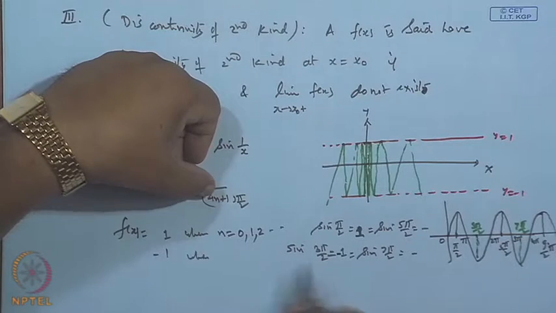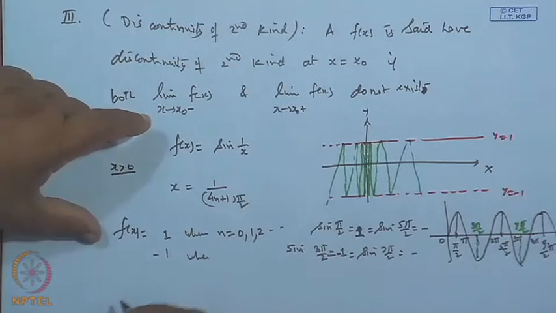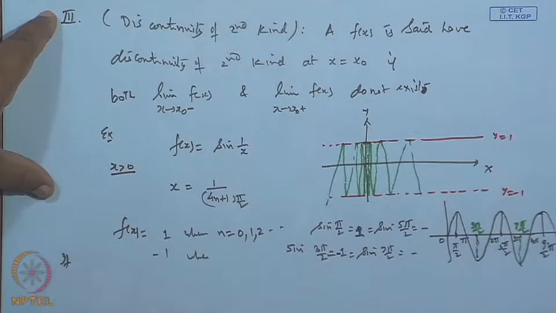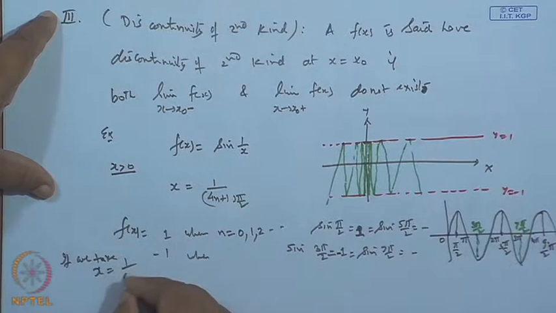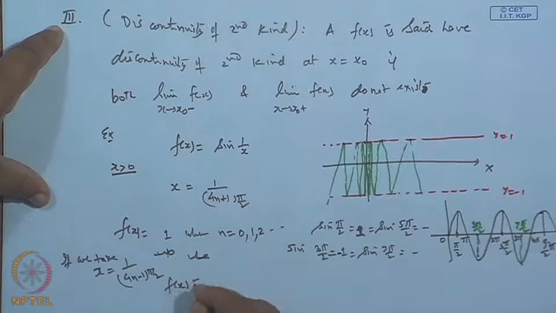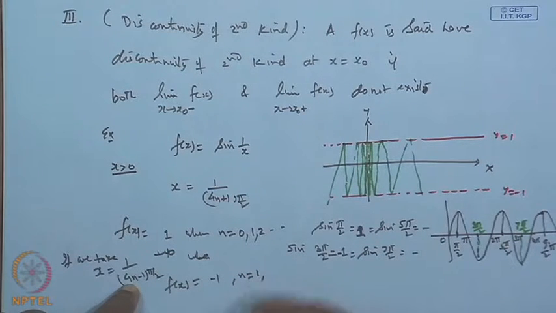So if we choose x equal to 1 by (4n minus 1) pi by 2, then the value of f(x) is minus 1 for n equal to 1, n equal to 2, which gives 7 pi by 2, and this continues like this.